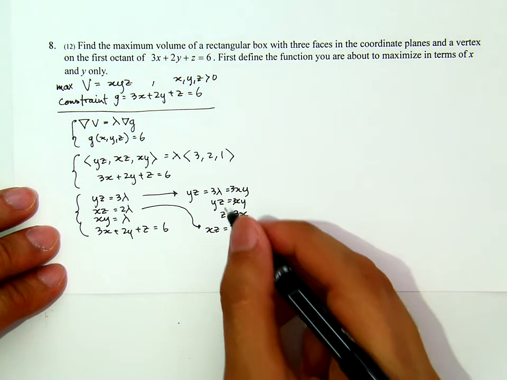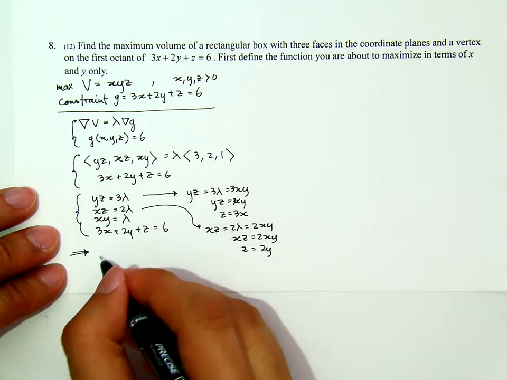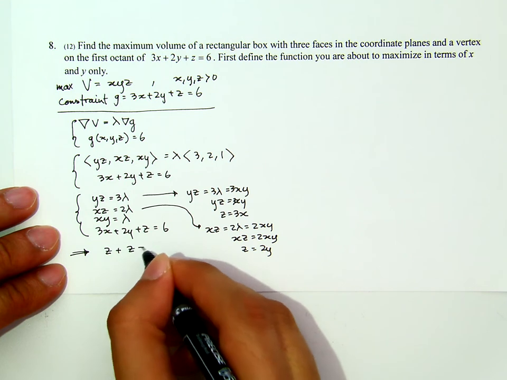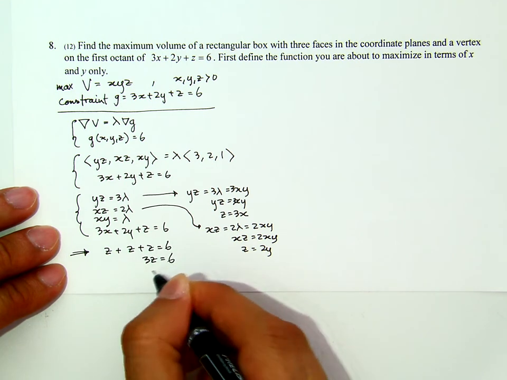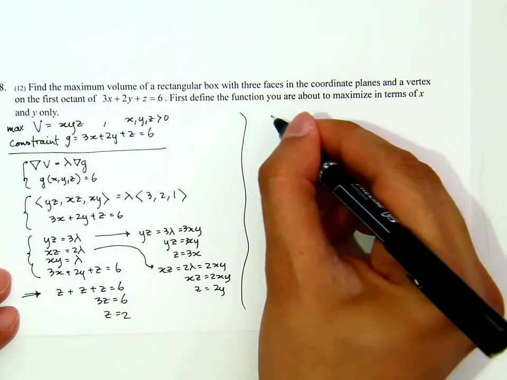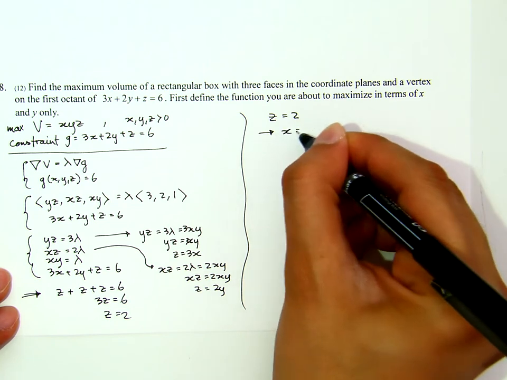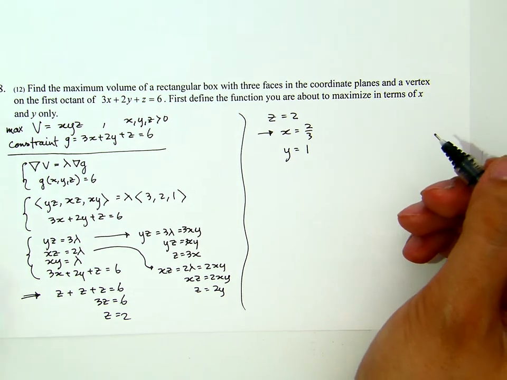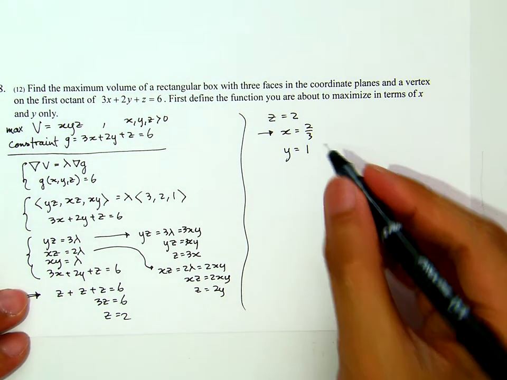Now using this I will put it into the constraint. 3x equals z, 2y also equals z, so 3z equals 6, and z = 2. Once we find that z = 2, that implies x = 2/3 and y = 1.